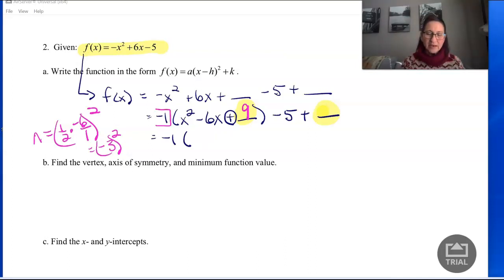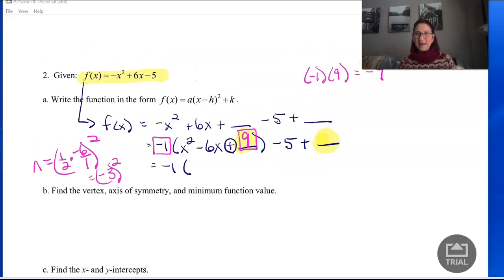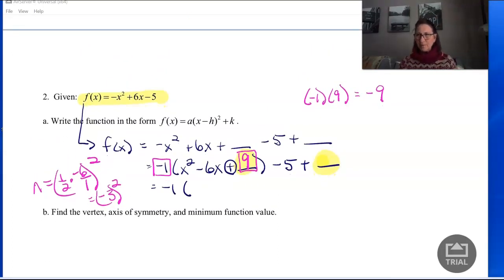It's really a negative 1 times 9, or negative 9. So I took negative 1 times 9, which really introduced a negative 9 into my equation. So my opposite is going to be a positive 9. So I put a positive 9 in that second blank.